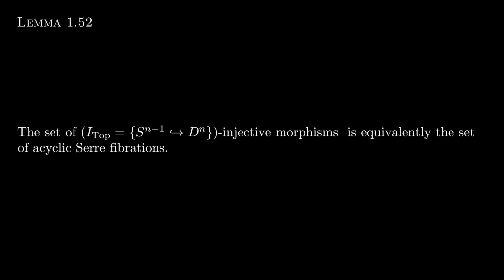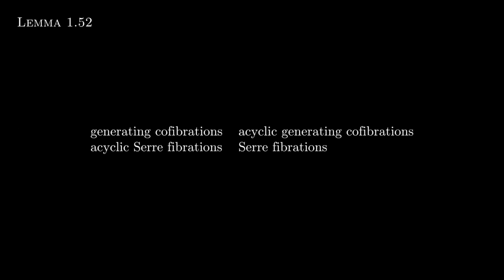It turns out that the maps that lift against I-tope, the generating cofibrations, are precisely the acyclic Serre fibrations, i.e. Serre fibrations that are also weak homotopy equivalences. So we have this nifty sort of duality, where acyclic Serre fibrations are those maps that lift against regular generating cofibrations, and regular Serre fibrations are those that lift against acyclic generating cofibrations.